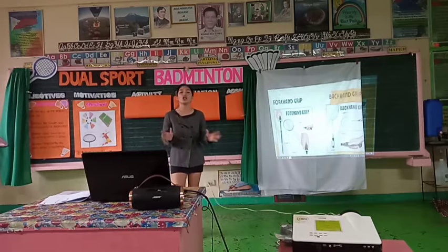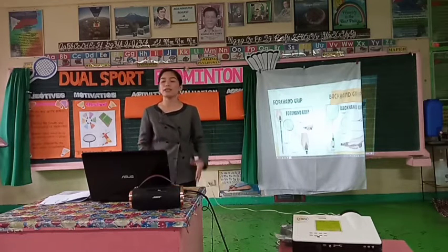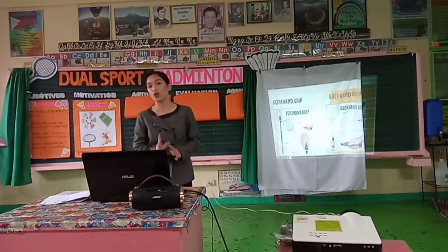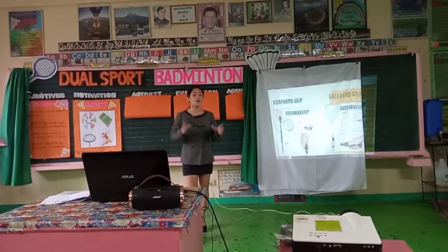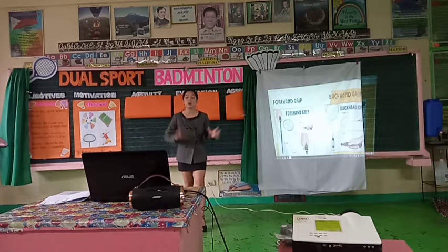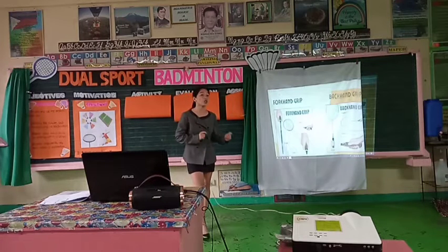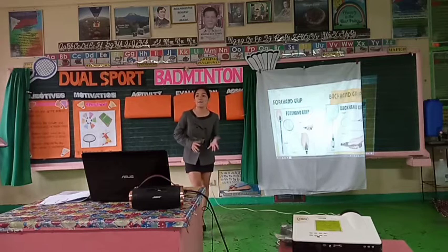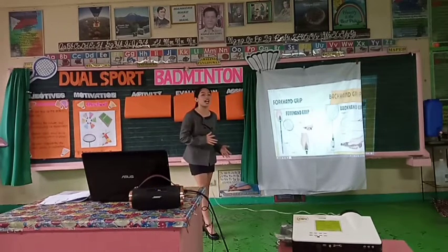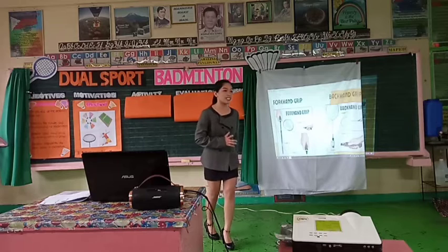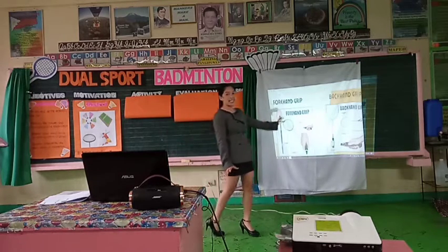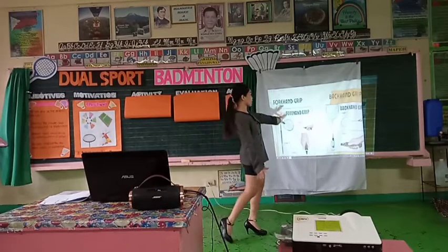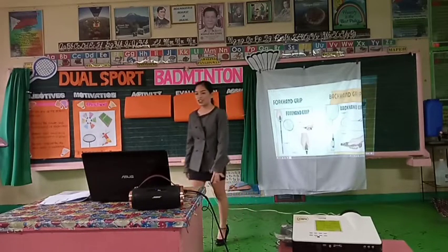When you're holding a badminton racket, class, I have a tip for you. The key is to not hold your racket too tightly. Relax your muscles and hold your racket gently. By doing this, you'll find it much easier to switch between the two grips, the forehand grip and the backhand grip.